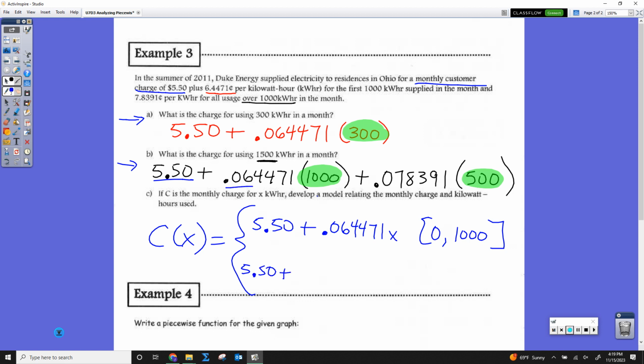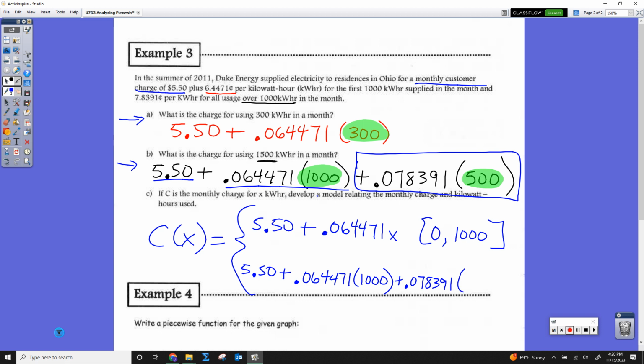We still have to pay for that first 1,000 kilowatt hours, so 0.064471 times 1,000, because that's going to max out that portion. Now we're looking at this last part that we did, the plus 0.078391, the higher price, but that's only for the stuff that's over 1,000.